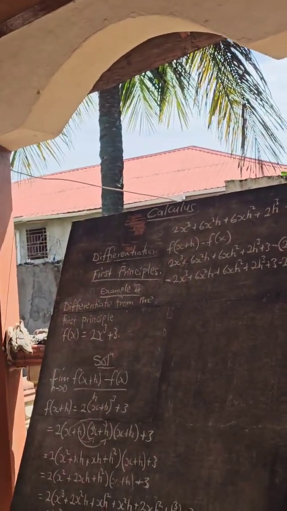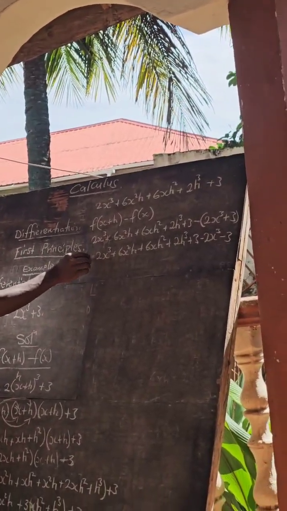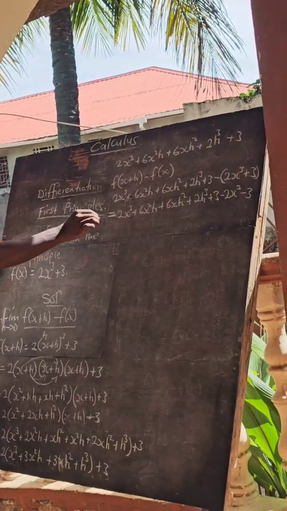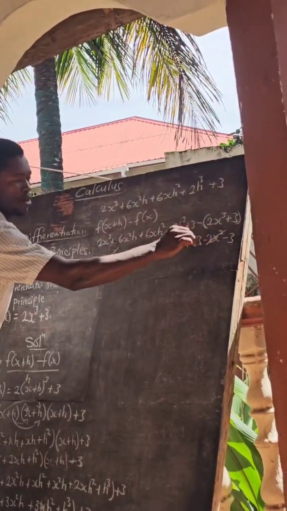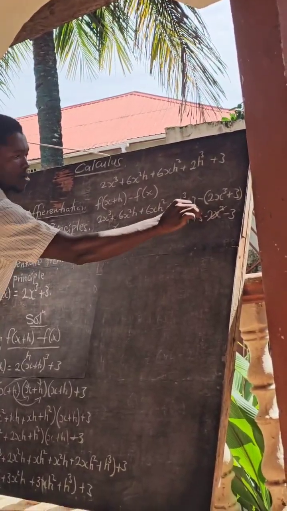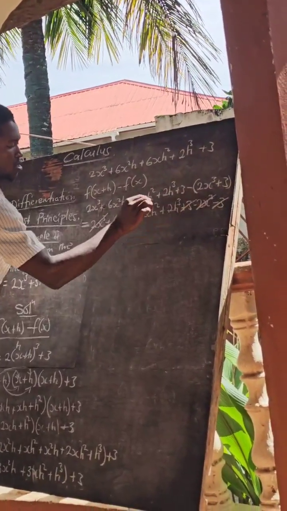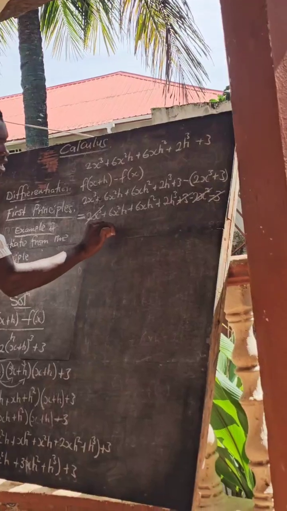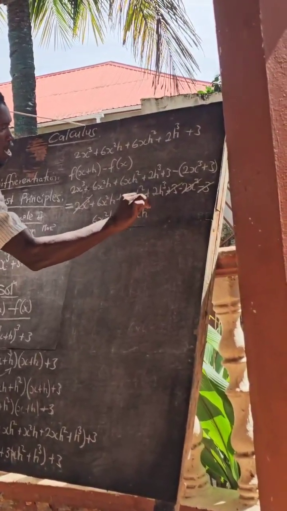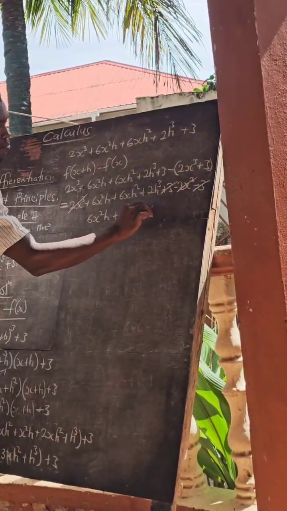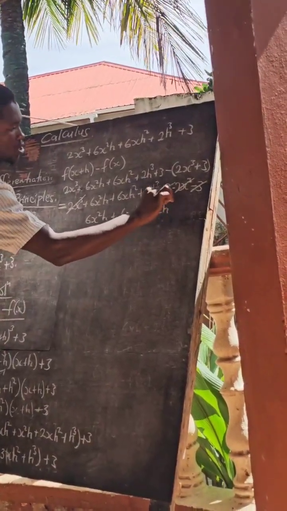When the quantities are the same but the signs are different, it is 0. So 2x cubed cancels minus 2x cubed, and plus 3 cancels minus 3. So we are left with 6x squared h plus 6xh squared plus 2h cubed.